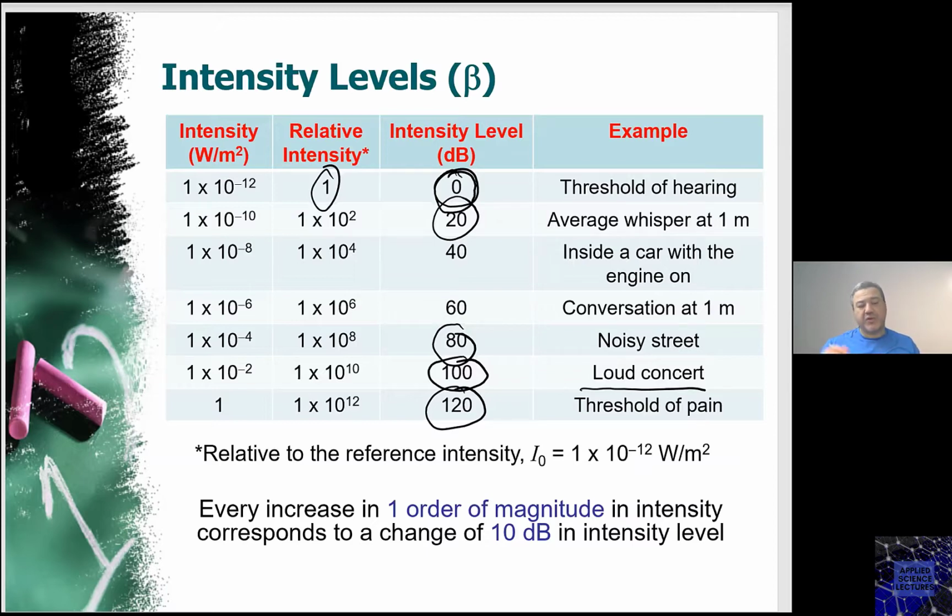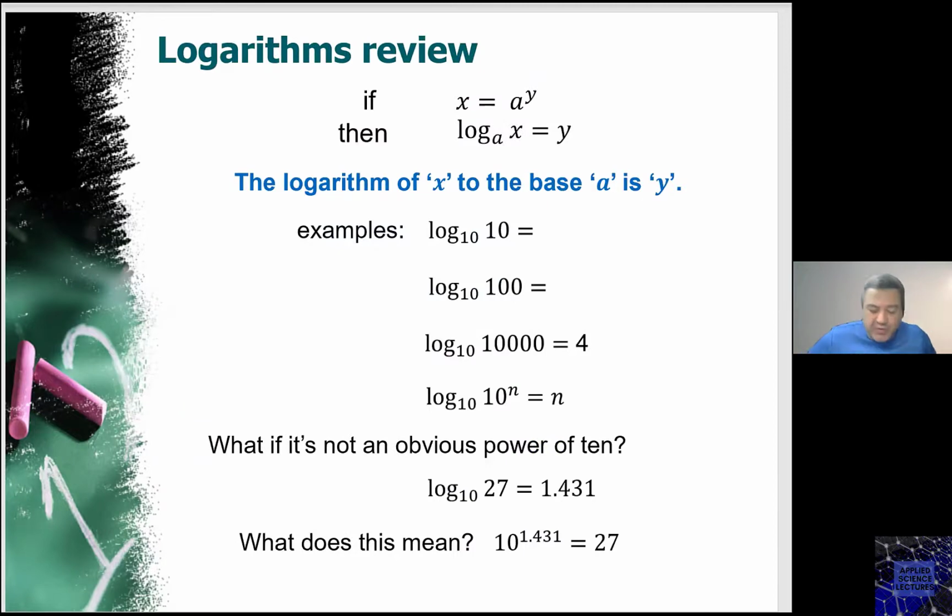Every increase of one order in the common logarithm, times 10, is going to result in a 10 dB increase. We will look at a few examples, but before we do this, let's refresh our memory on how to calculate logarithms in general.